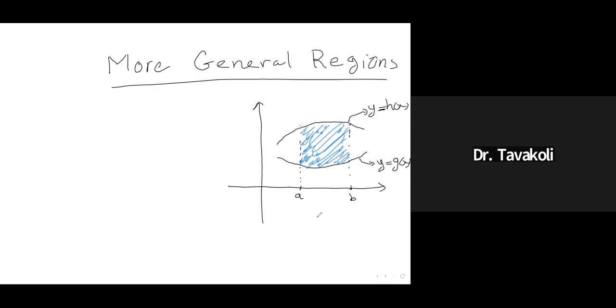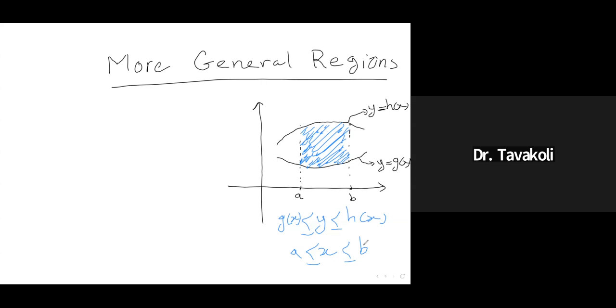The y coordinate is between g of x and h of x, and x itself is between two constants from A to B. As you will see in some examples, g of x is just equal to 0, meaning that y equals 0, and it is the x-axis.